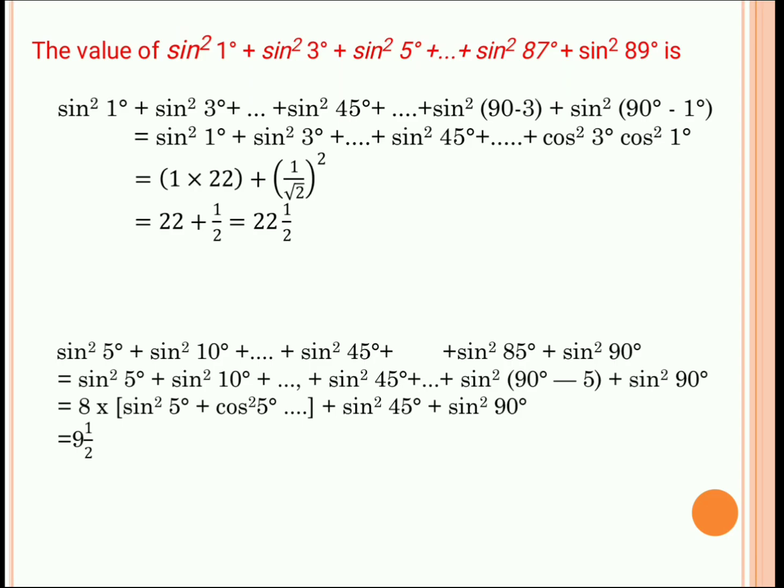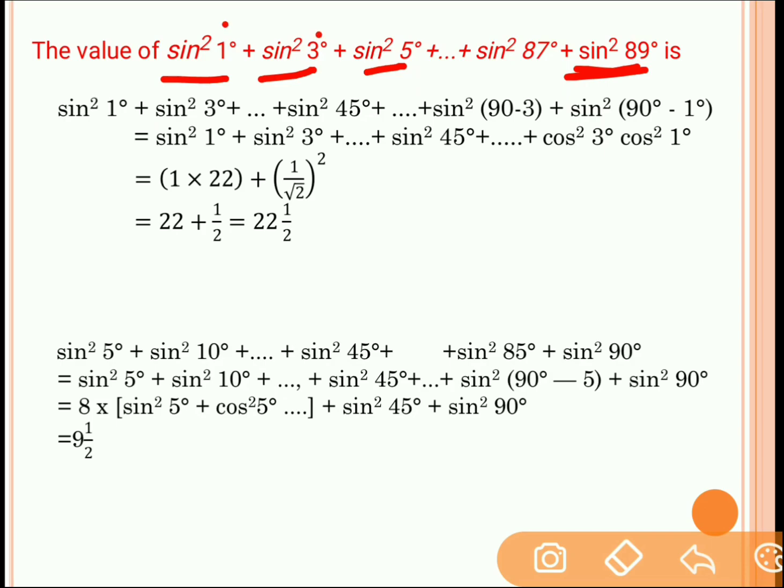Find the value of sin square 1 degree plus sin square 3 degree plus sin square 5 degree plus up to sin square 89 degree. Here, none of these angles are standard angles, but within these values there are odd angles from 1 to 90, that is 1, 3, 5, 7 up to 89.